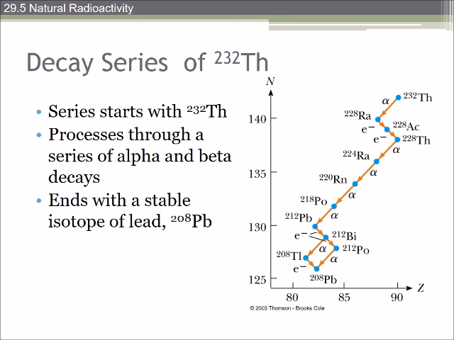Then as it loses an electron, basically that forms another proton within the nucleus, and so we go up and actually go back to thorium. Then we go back down to radium, and then radon, and then eventually to lead, and we'll settle down into lead as the stable isotope that results from this particular decay.